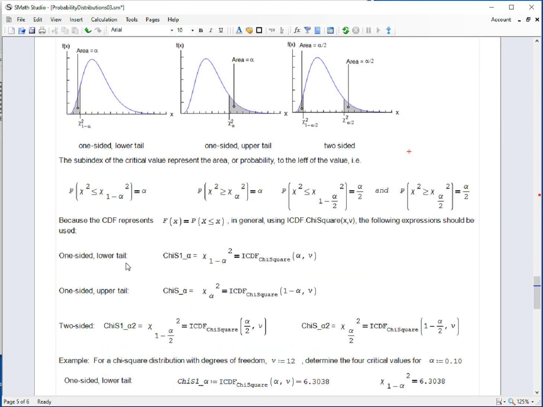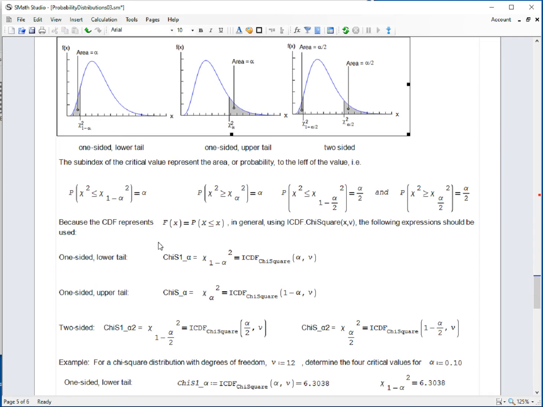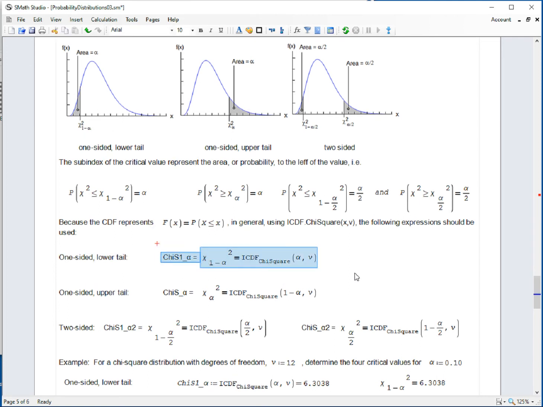And so, to obtain the one-sided lower tail, this one right here, I'm going to use this. Chi-square 1 minus alpha is the inverse cumulative distribution of the chi-square for alpha and the degrees of freedom nu. Chi-square sub alpha is given by this expression, and then the two values in here are given by this expression for the left one and this one for the right one.